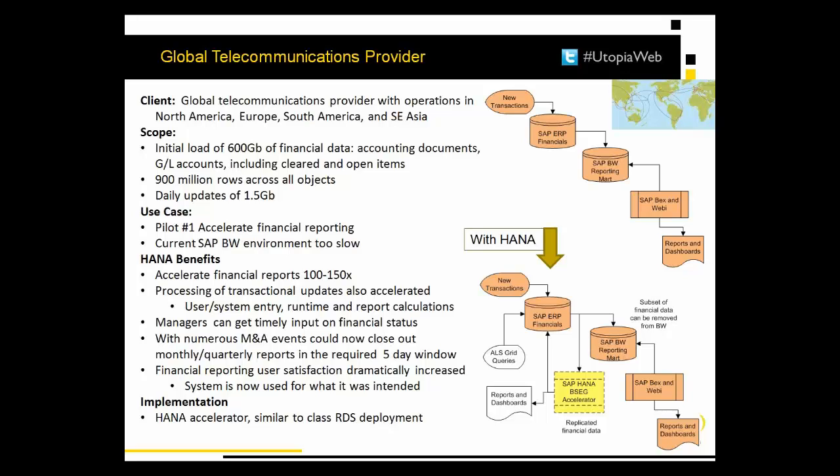And it is about 900 million rows of data across all of the various objects. And they have about 1.5 gigabytes worth of daily financial transactions that they're entering, and these are coming in all through the day.